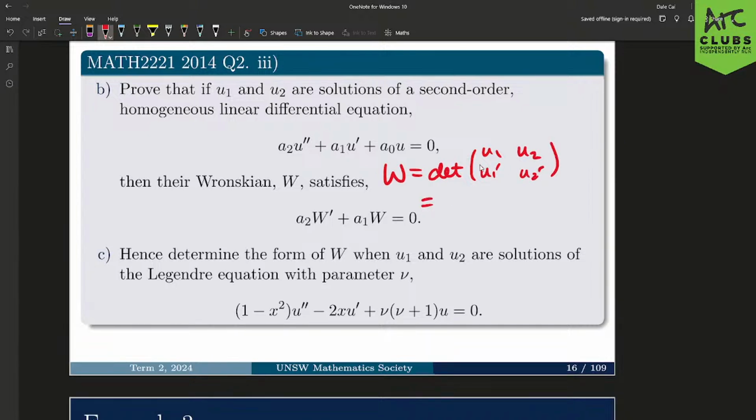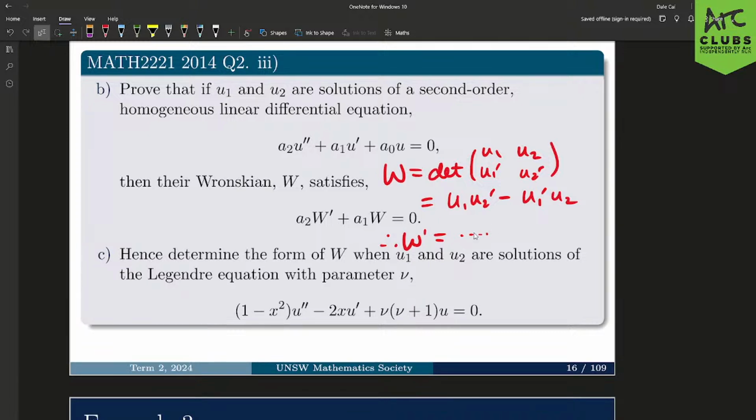Well, good thing we know what the determinant of a 2 by 2 matrix is. It's this main diagonal, U1 U2 dash, minus the product of the not so main diagonal. You get this. And then you also want to find the derivative of this term. Therefore W dash equals to, and at this point it's just using a bunch of product rule.